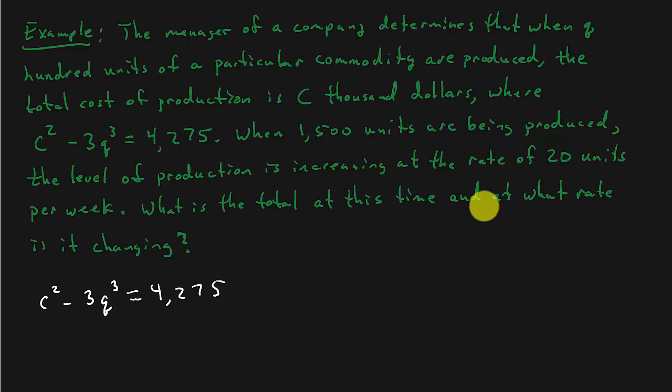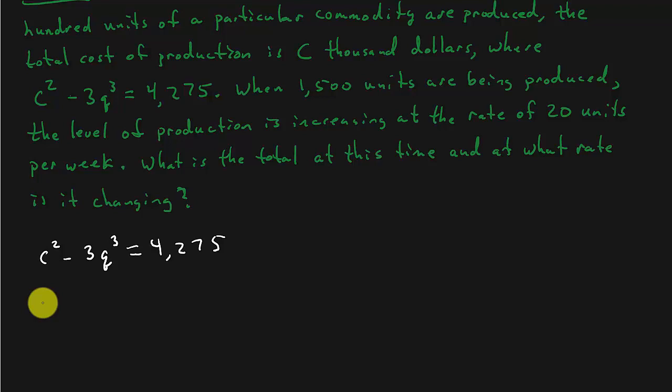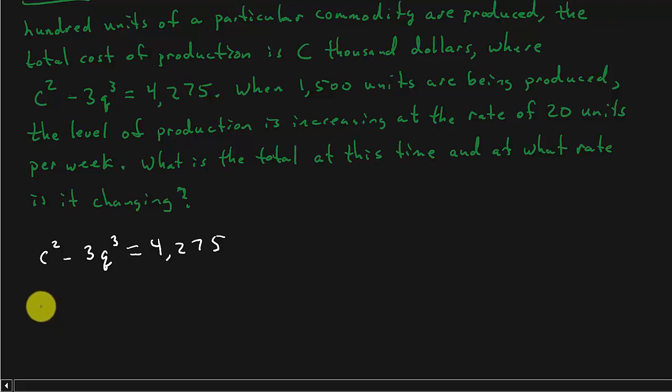So let's go ahead and find this derivative. We're taking the derivative with respect to t for related rates, the derivative with respect to time. So I've got 2c dc/dt minus 3q squared dq/dt equals 0.